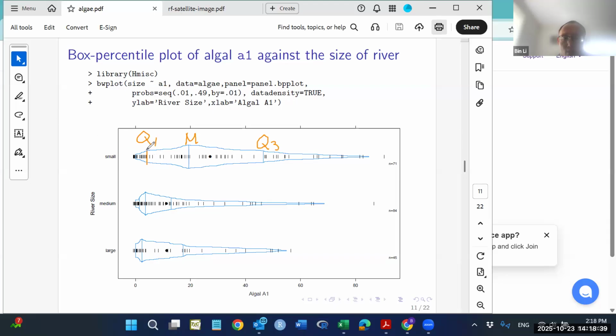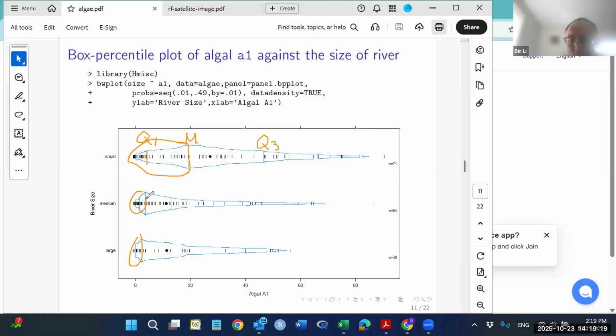So what it means, like here, you can see the shape for the small river algae A1. This is quite short, right? That means the numbers of algae A1 in the small river are very close to each other in the lower half of the data. You can easily see that in the medium and the large.